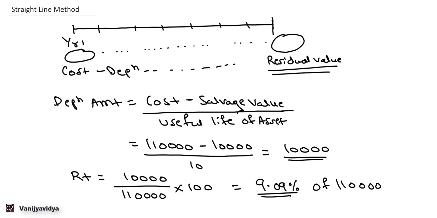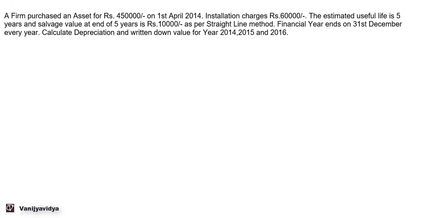Now let us see one example of straight line method. A firm purchased an asset for rupees 4,50,000 on 1st April 2014. Installation charges rupees 60,000. The estimated useful life is 5 years and the salvage value at the end of 5 years is rupees 10,000.